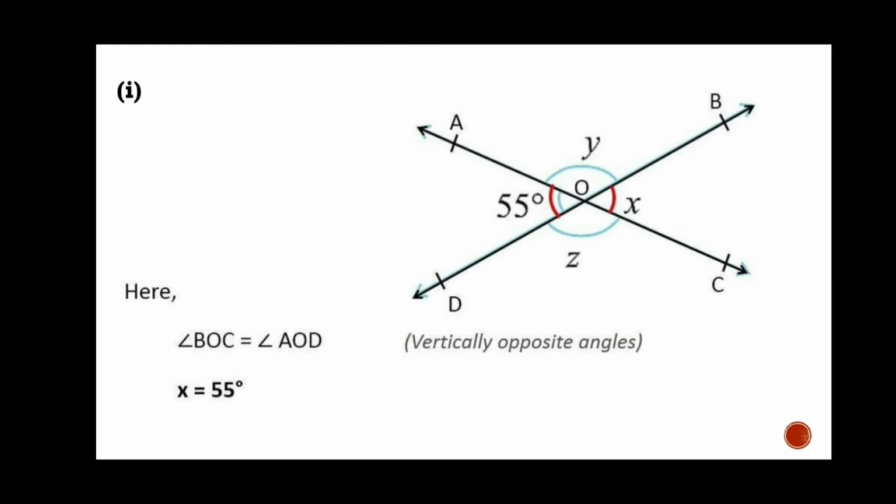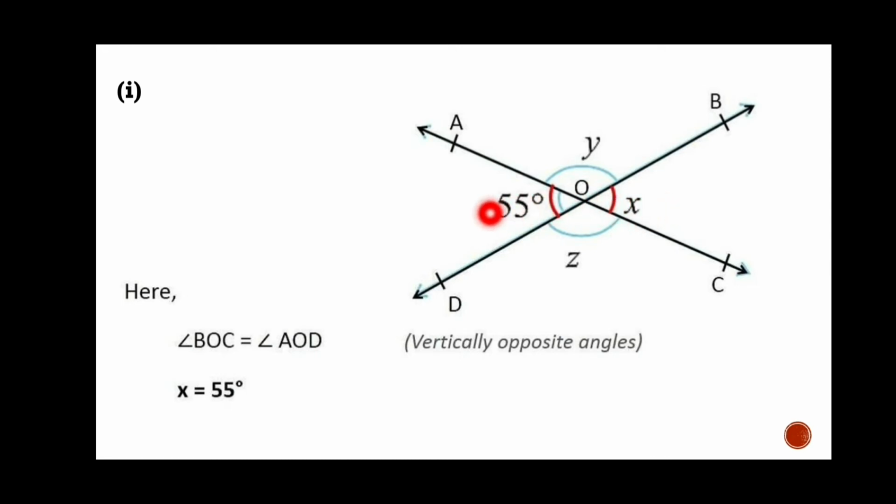Now just look at this picture carefully. You can see there are two lines intersecting each other. Those lines are AC and BD or DB. Now when these two lines intersect, some angles are formed. So this angle is already given as 55 degrees and the other angle opposite to this 55 degrees is x.